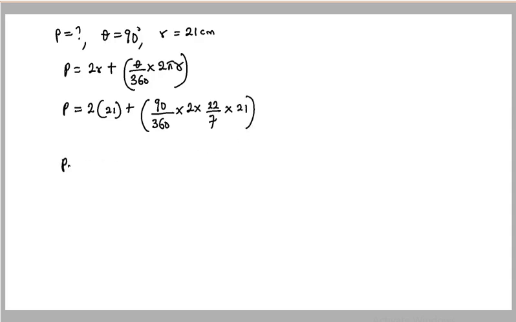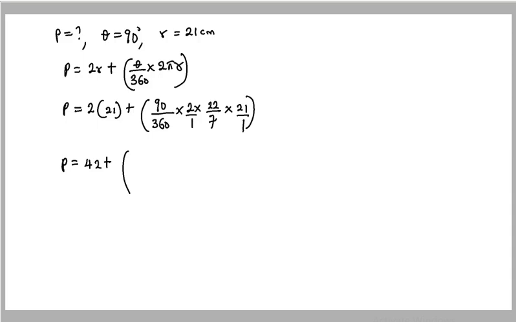So P becomes equal to 2 times 21, which you should know is 42, plus, for this one, let's multiply the numerator as usual, then multiply the denominator and then divide.